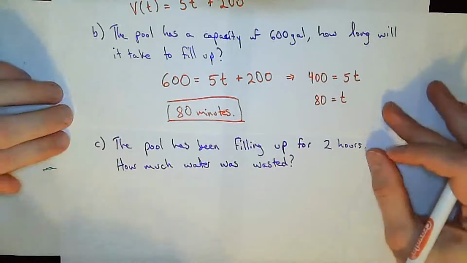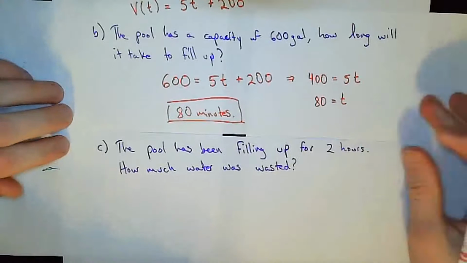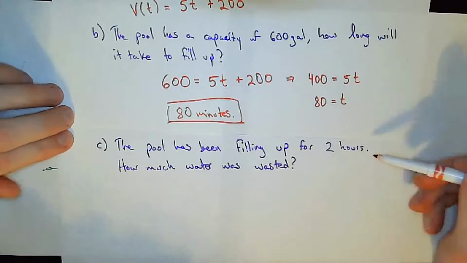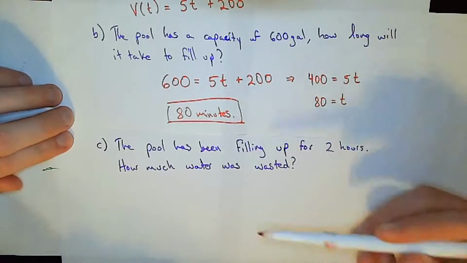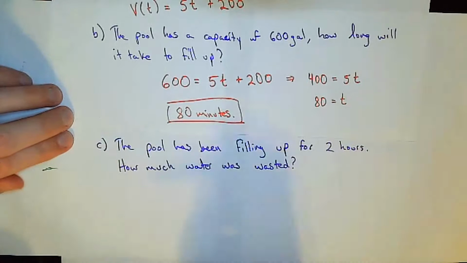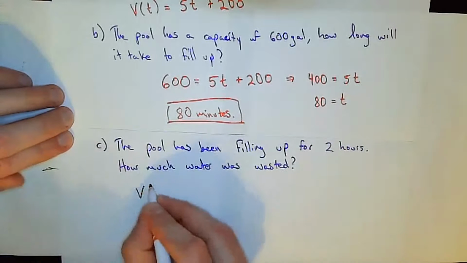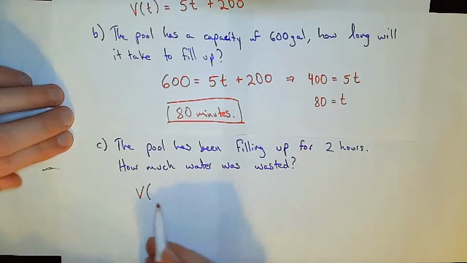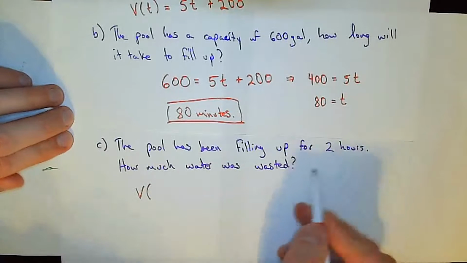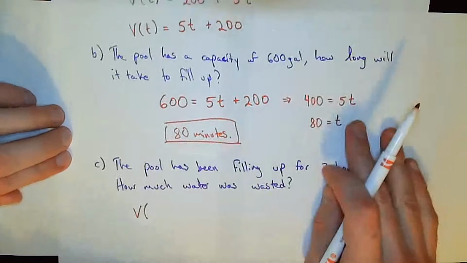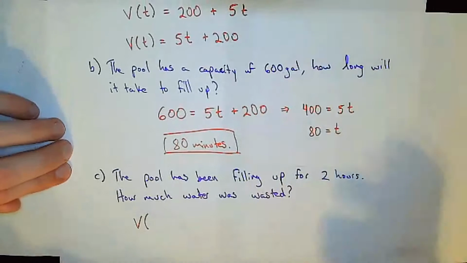This time I'm given an input. Time is the input of this function, and I'm given time, and I'm asked for a volume indirectly, right? So I'm going to say V of, do I say 2 here? No, because this is measured in hours. Our time for our function is measured in minutes.